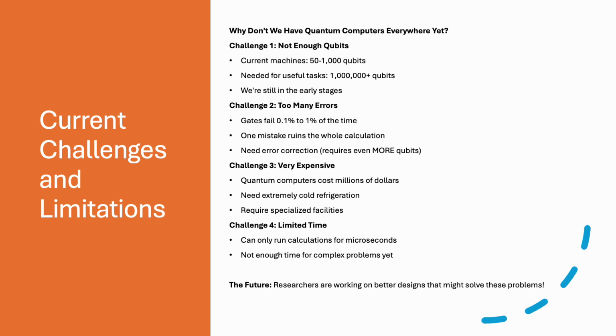The first major limitation is qubit count. Current state of the art quantum computers have between 50 and 1,000 qubits depending on the technology. That might sound like a lot, but to solve genuinely useful problems like breaking modern encryption or simulating large molecules for drug discovery, we'll need millions of qubits. Why so many?